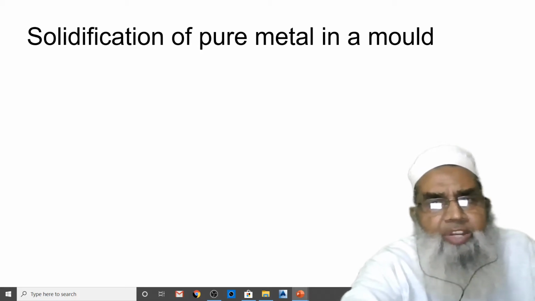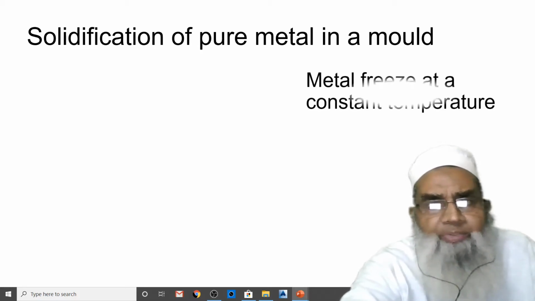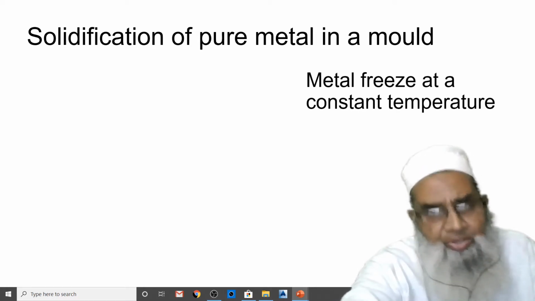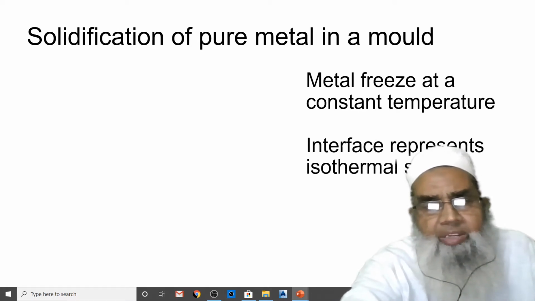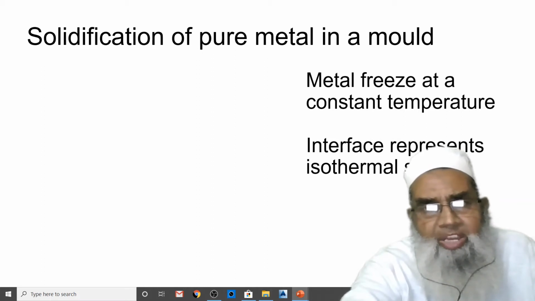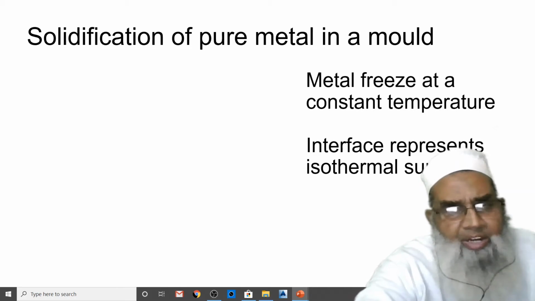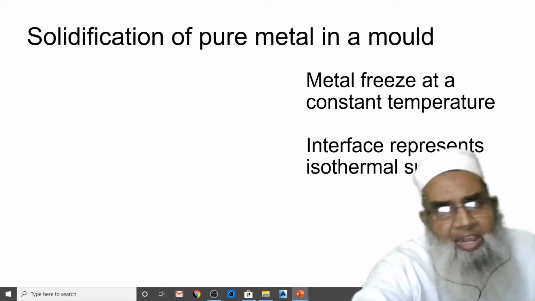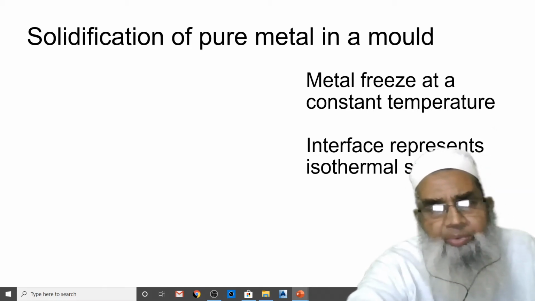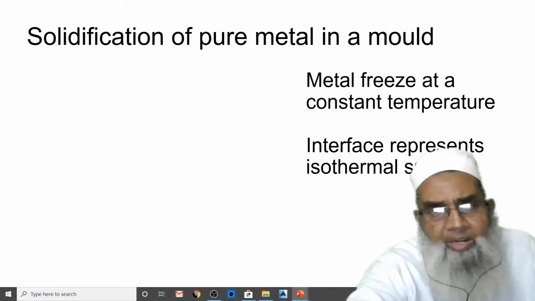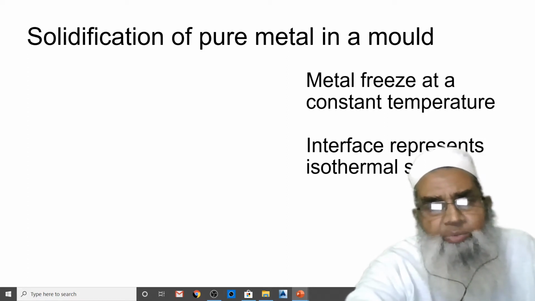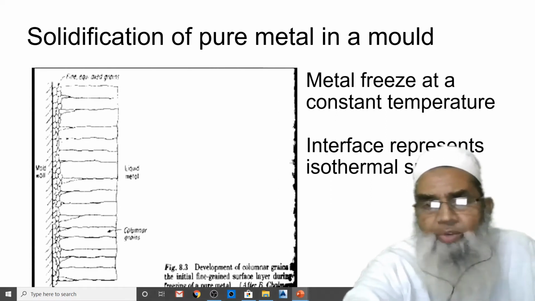Now, in the solidification of pure metal, it can be observed that the metal initially freezes at a constant temperature, which gives the interface between the solid metal and the liquid metal, a common interface having a common isothermal surface, which can be observed over here.